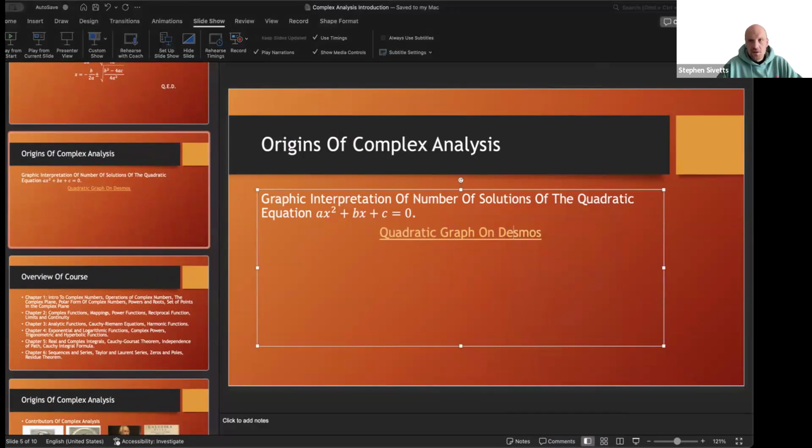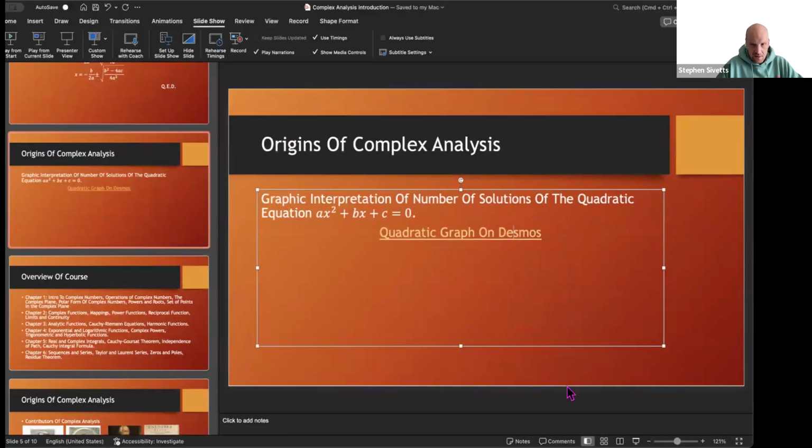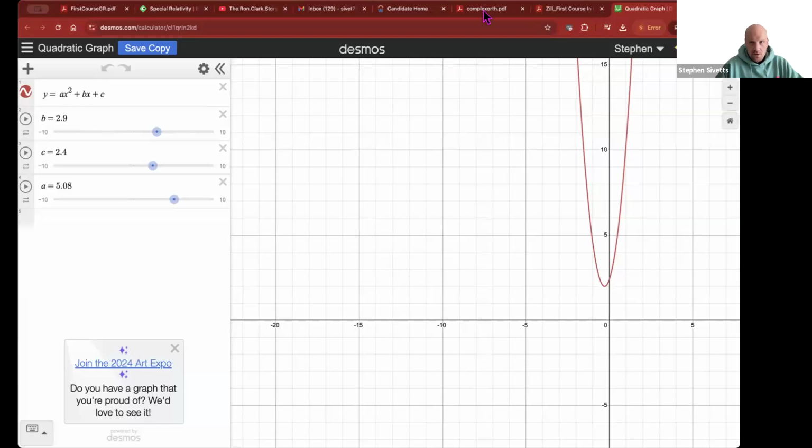Great. The wonders of technology, right? So here is what the solutions look like on Desmos.